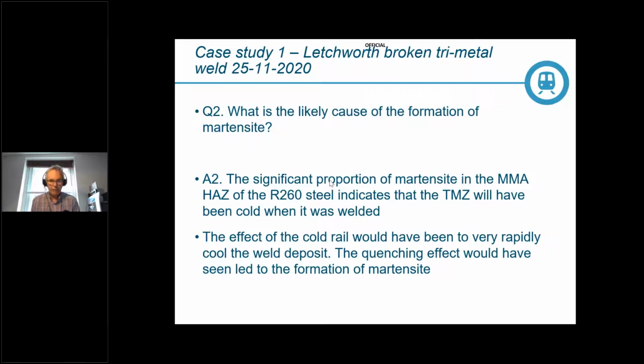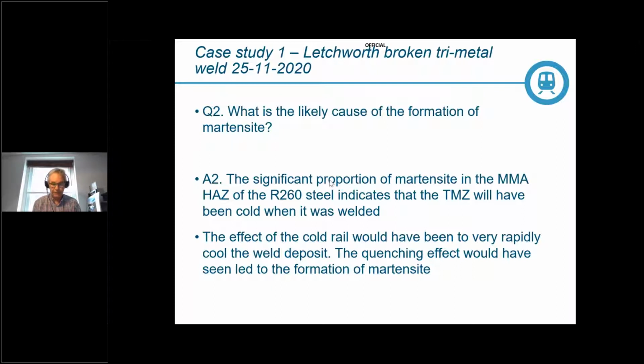So what was the likely cause of the martensite formation? Well, a significant portion of the martensite in the manual metal arc repair was of the R260 steel, which indicates that the tri-metal zone will have been cold when it was welded. Probably because only the AMS side of the tri-metal zone was targeted for weld repair, and insufficient thought was given to managing the heat in the pearlitic rail.